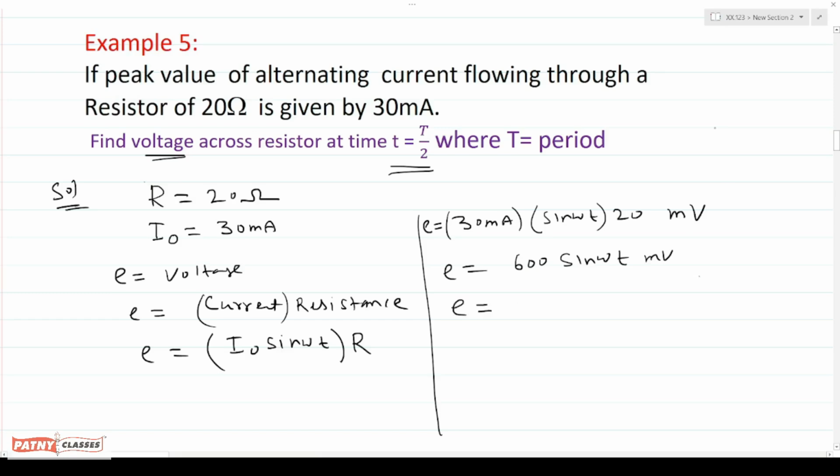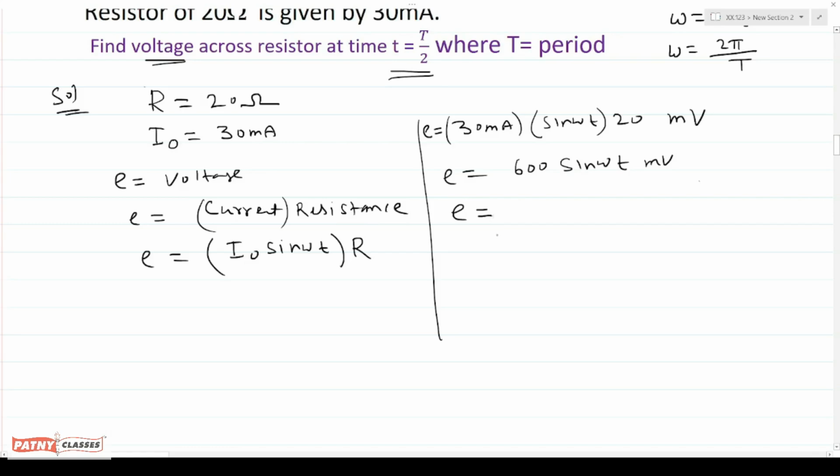We know that there are two formulae for omega. Omega equals 2 pi f, this is the first formula, and omega equals 2 pi upon T is another formula. Therefore E equals 600 sin, in place of omega, 2 pi upon T into small t, result in millivolt.